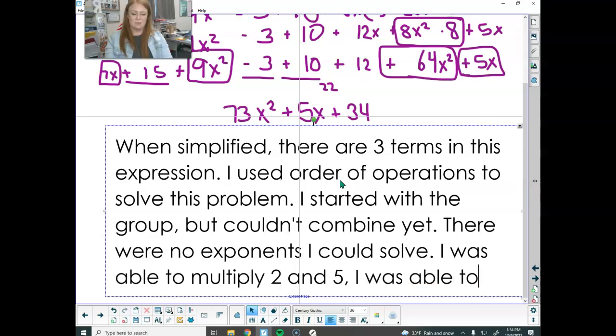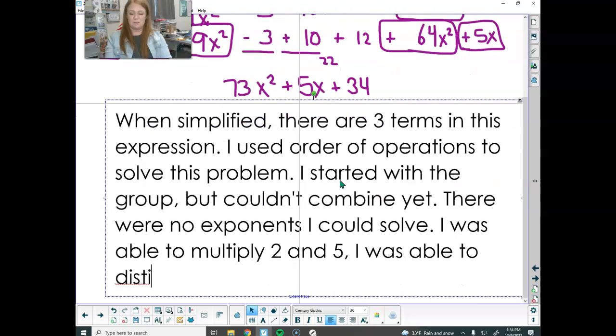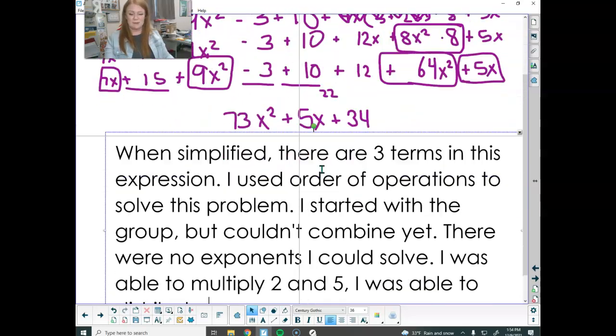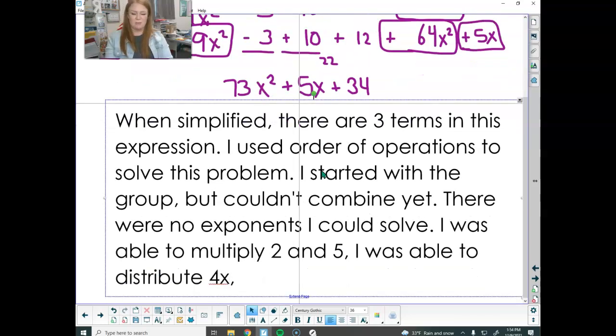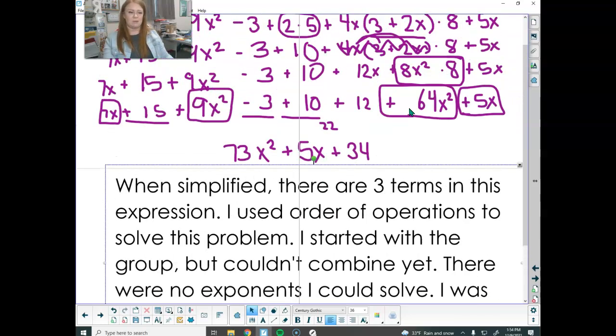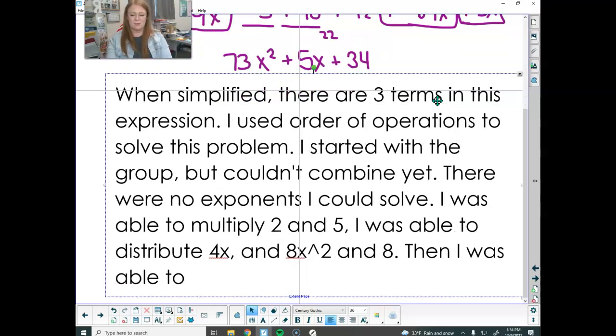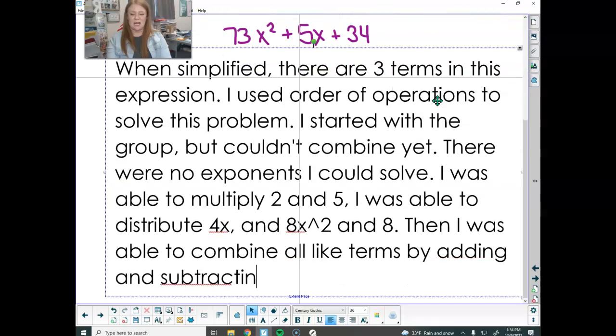I was able to distribute 4x, which is a multiplication problem, and then I multiplied 8x, I can't get that 2 to be little, 8x, I'm going to just do this little caret, 8x squared, and 8. Then I was able to combine all like terms by adding and subtracting.